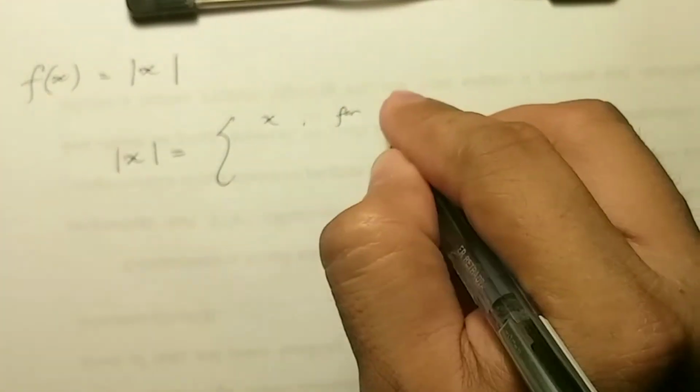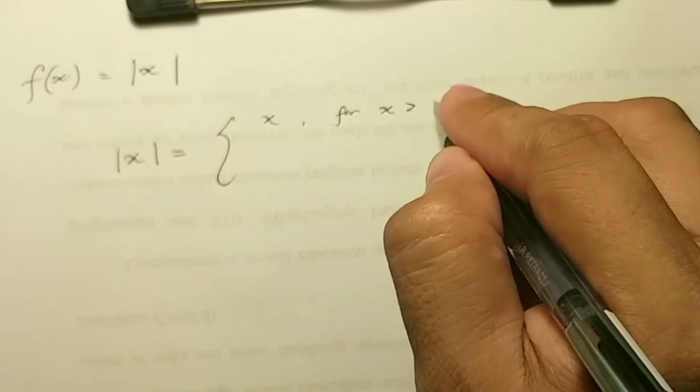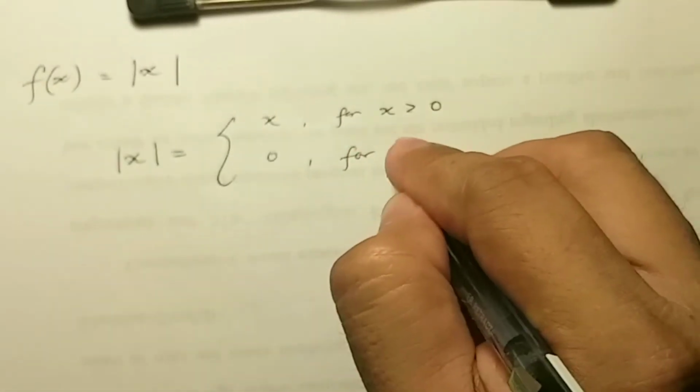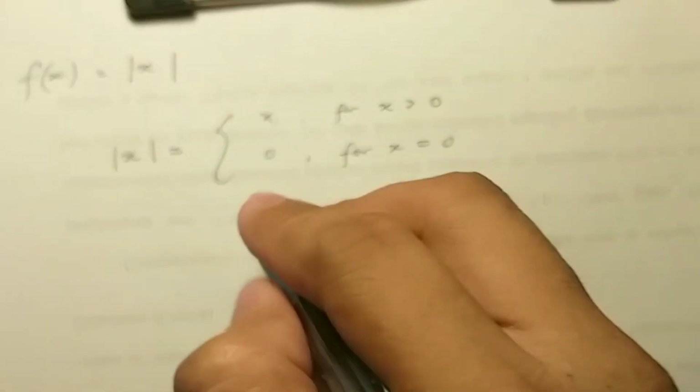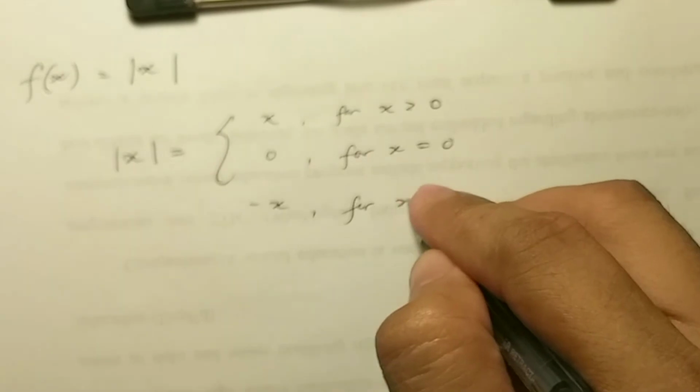So we have x for x greater than 0, 0 for x equal to 0, and minus x for x less than 0.